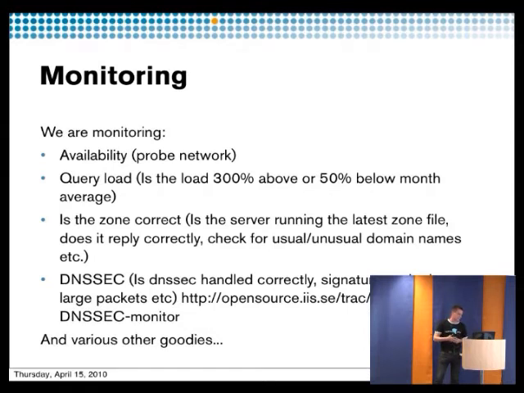If it replies correctly, and also we check for brokenness in the zone by going through the zone with some sample test zones, since they're always sorted alphabetically. And also DNSSEC, of course. We see signature expiration and that all the name servers handle large packets with the DNS null 0 and such.